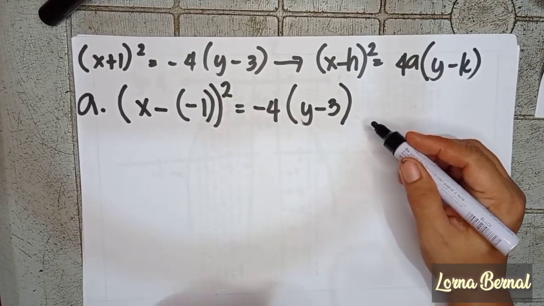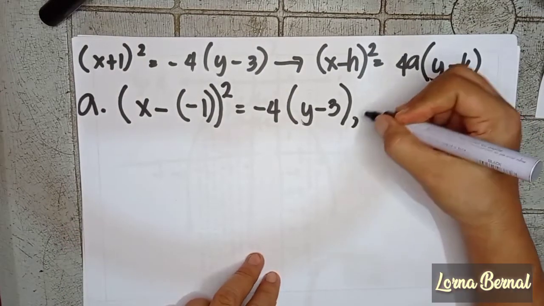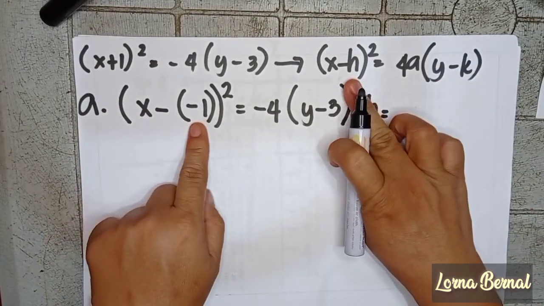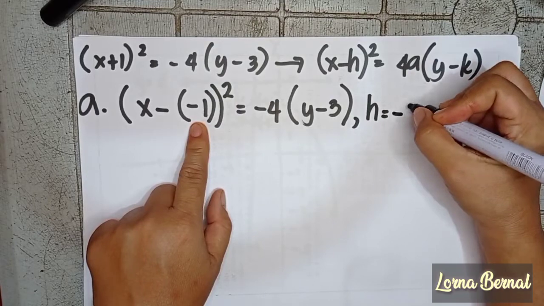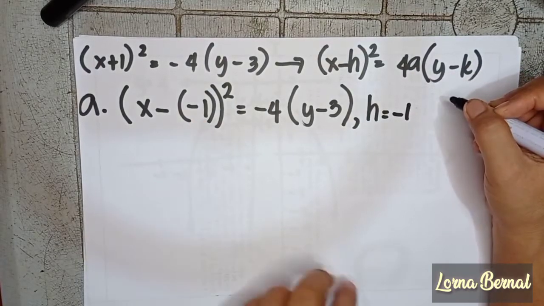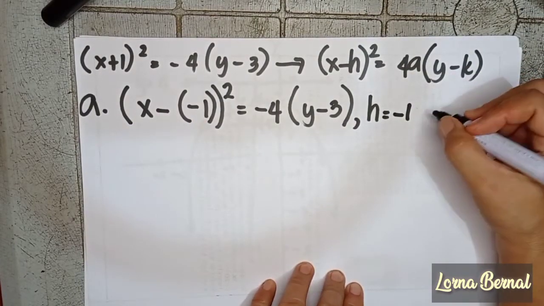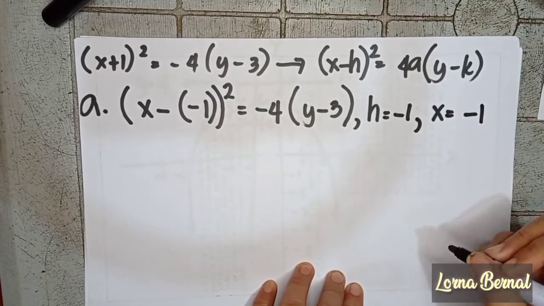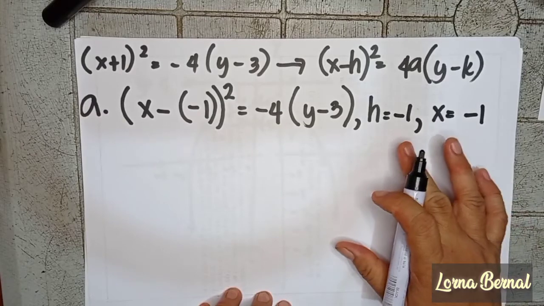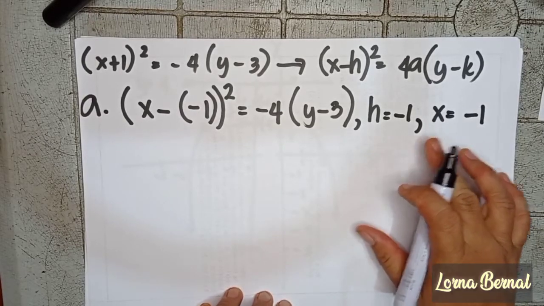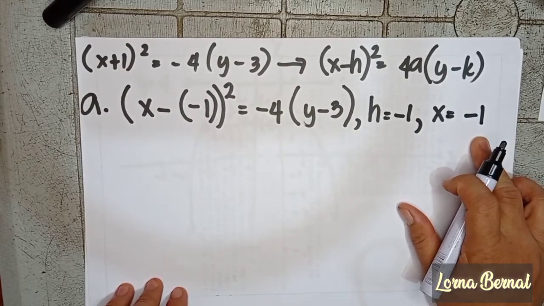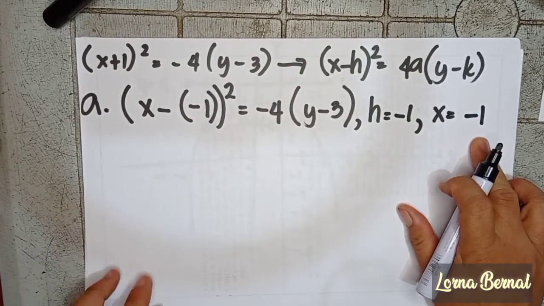From there we can get the value of h, which is −1, and the principal axis is where x is equal to −1. So the principal axis is x = −1.